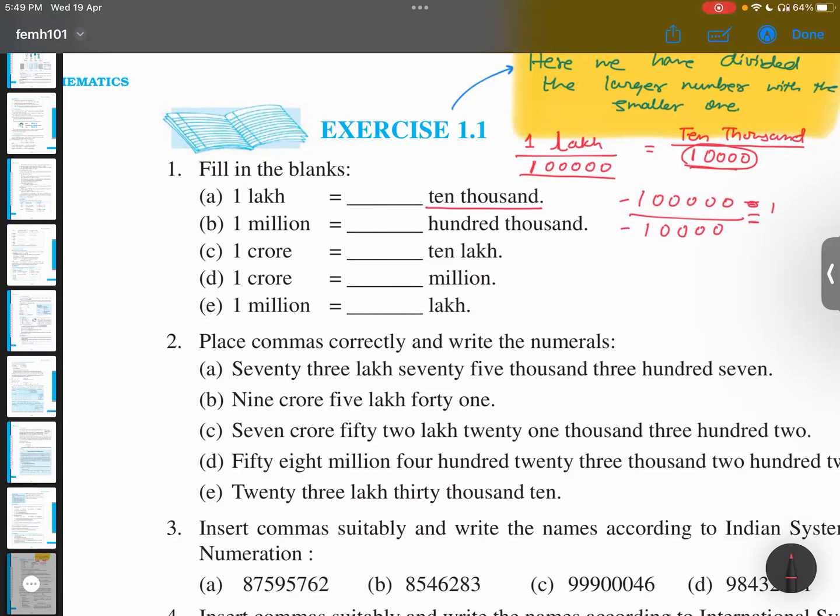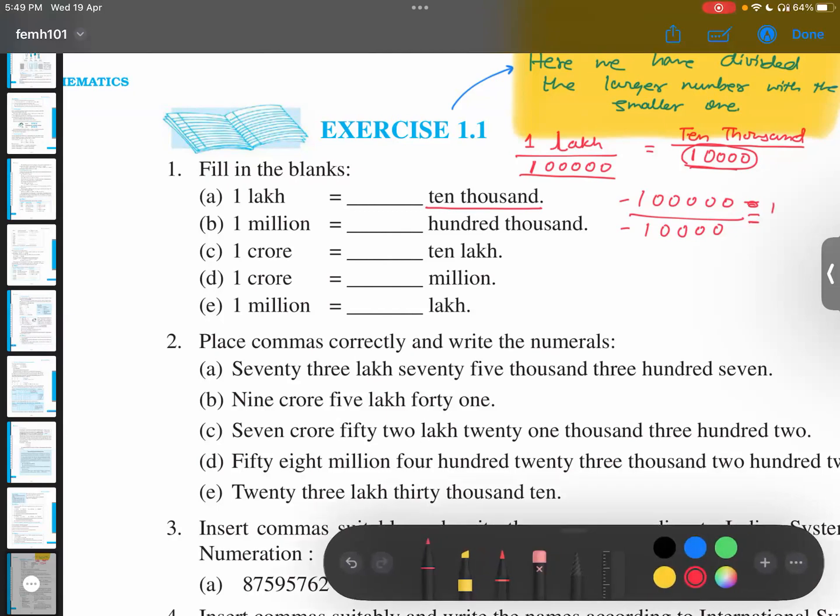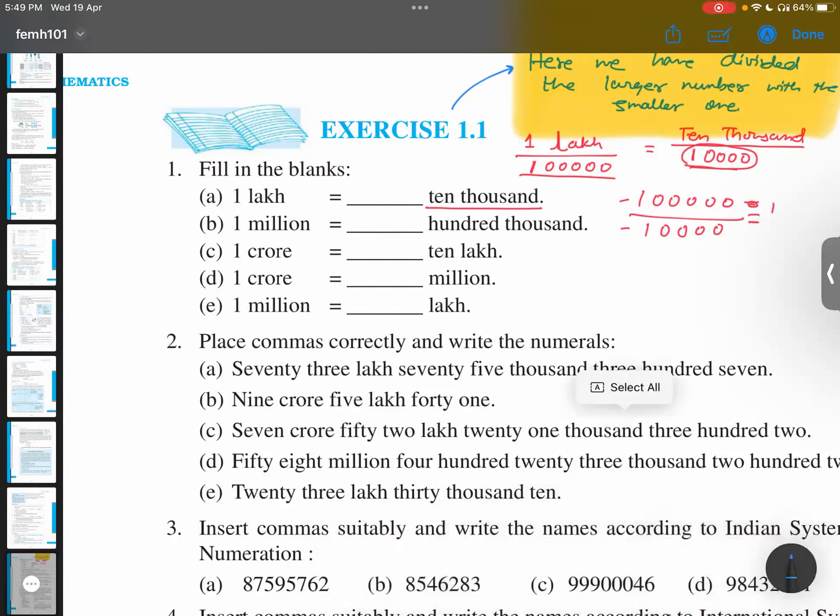Look, what we needed to do here was simply divide these two. Put the division like that. So this 10,000 multiplied by 10 will give you what?